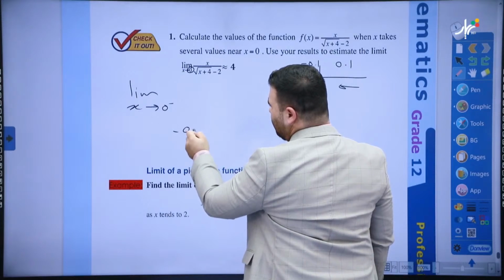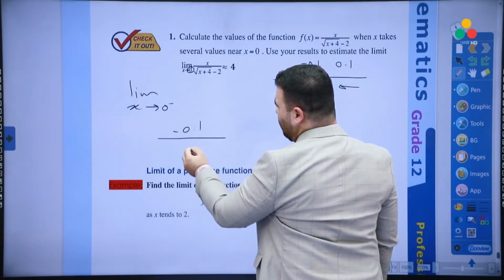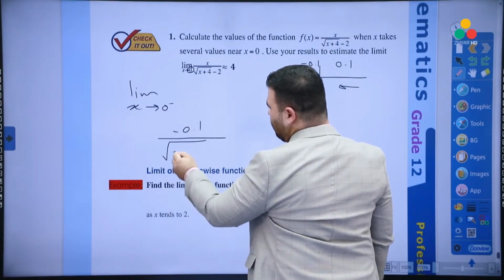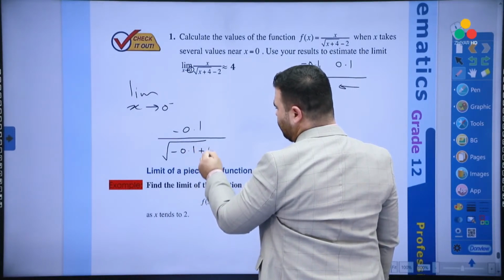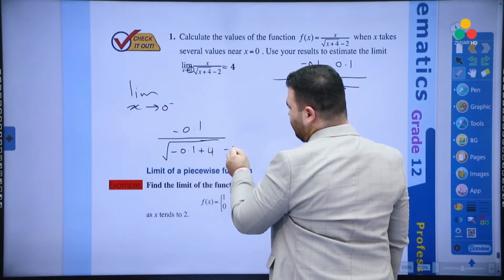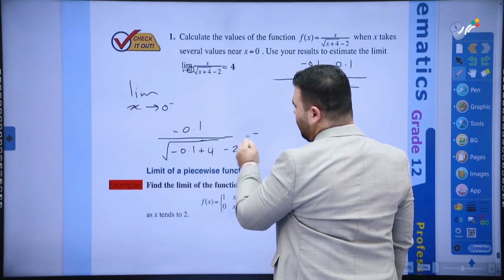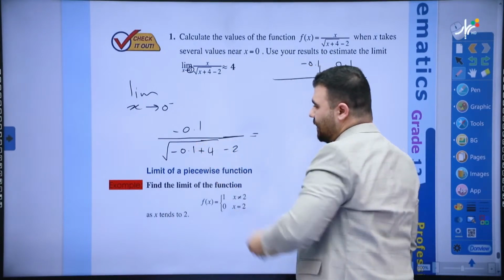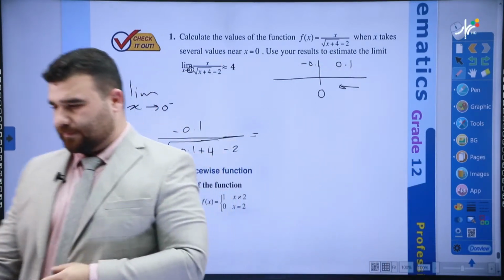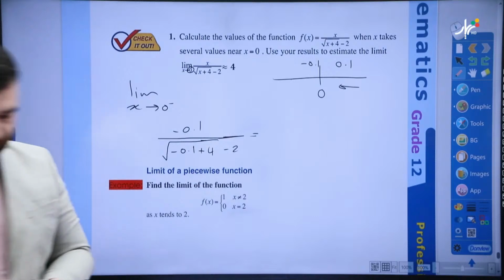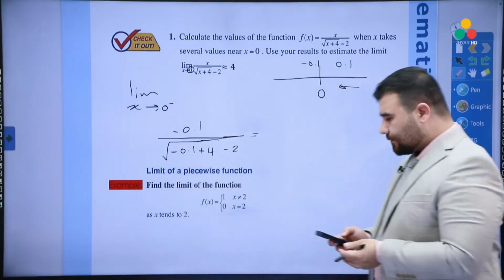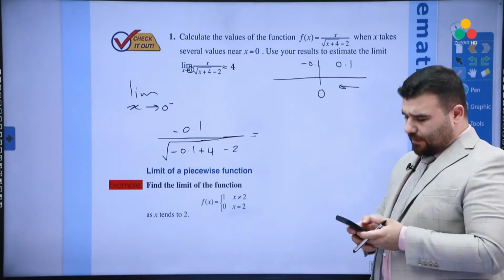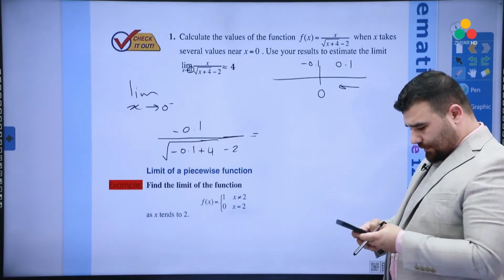This will be negative 0.1 over the square root of negative 0.1 plus 4, minus 2. Now using a calculator to do this calculation, the answer will be about 4, but let's do it.